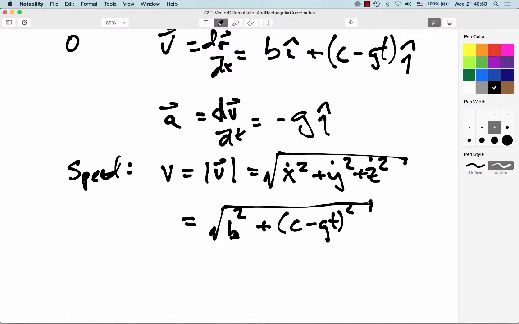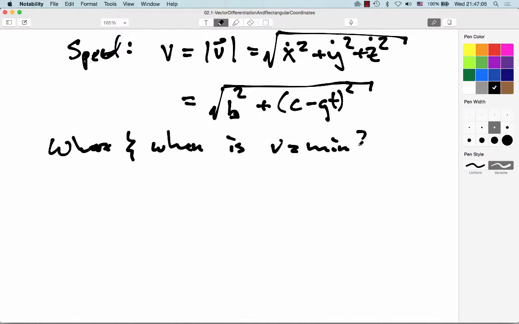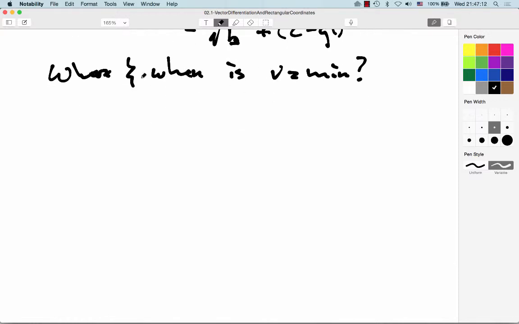Okay, so what we'd like to know is where and when is the speed a minimum. Okay, so to do that, we'll have to differentiate v with respect to time and set it equal to 0.